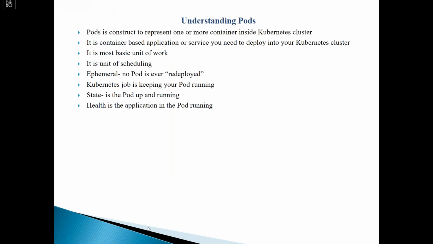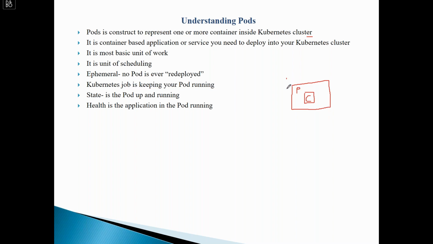Pods. A pod is a construct to represent one or more containers inside a Kubernetes cluster. See and understand. For example, this is a container. Inside a pod, you can run containers.